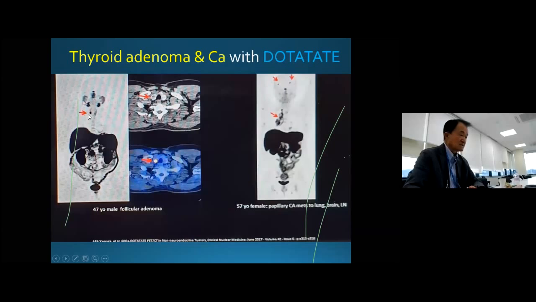So it's focal increased activity, just like FDG. But this could be adenoma, could be cancer. But if you see it like this, yeah, that's a cancer, metastasis to the hilar, infrahilar together.